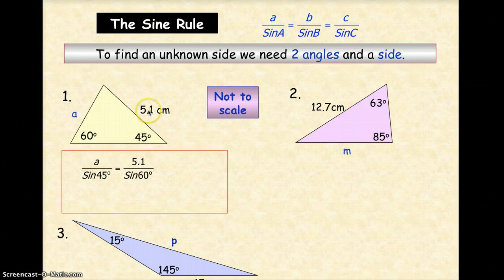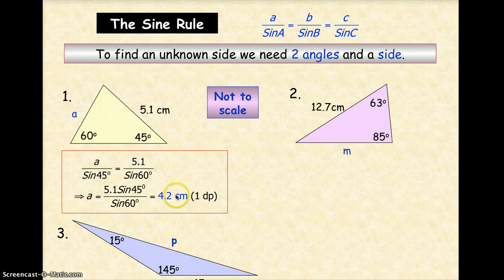If you label this as side B, then its opposite is angle B. If you label this as side C, then this will be angle C. So you put 5.1 divided by its corresponding angle, sine 60 degrees. Using cross multiplication, A is equal to 5.1 times sine 45 degrees divided by sine 60 degrees. Rounding to one decimal place should get 4.2 centimeters.